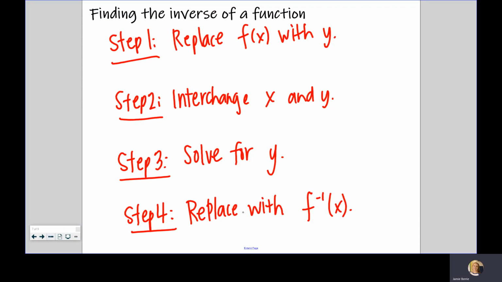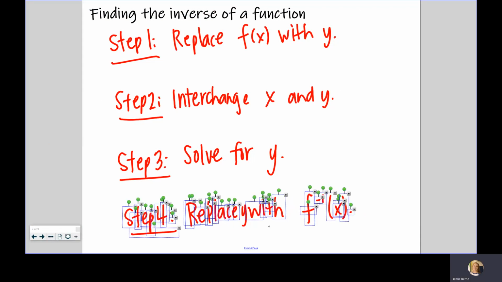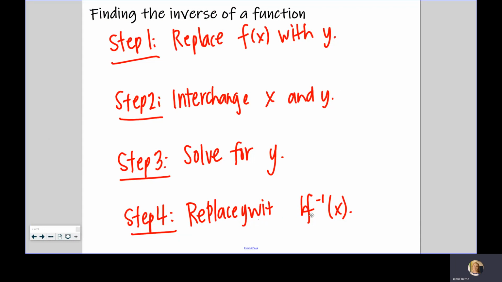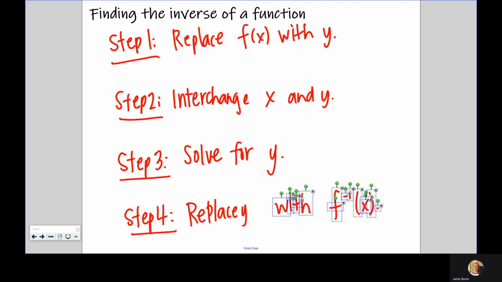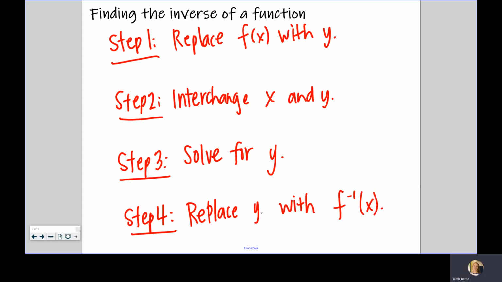Good night in heaven. Replace y with f inverse of x. Let's see if I can do this without having to rewrite everything. Oh yeah, there we go. Replace y with f inverse of x.